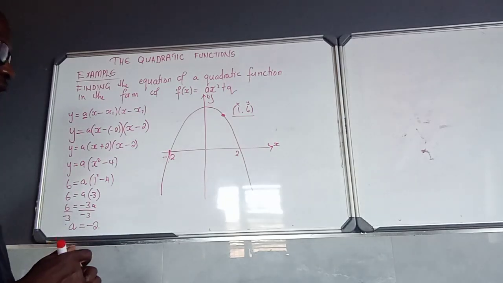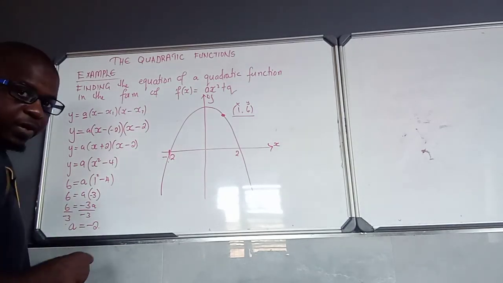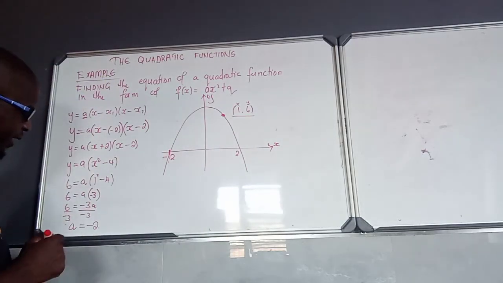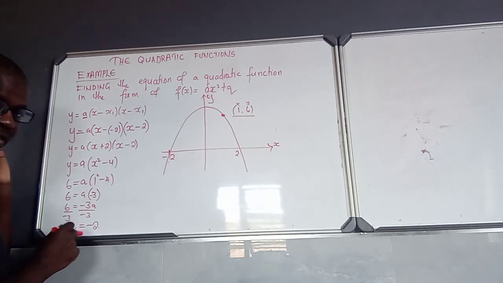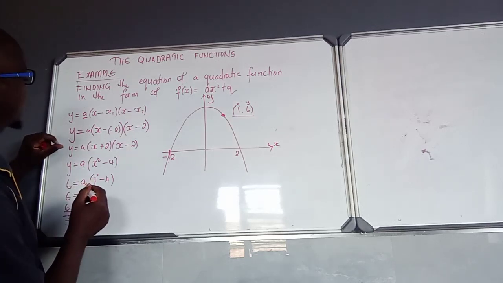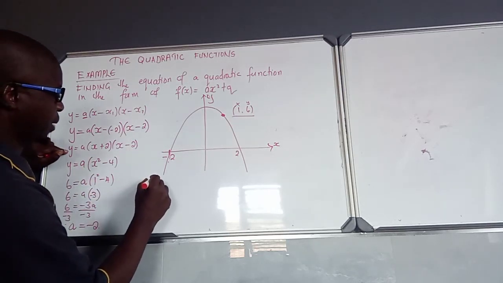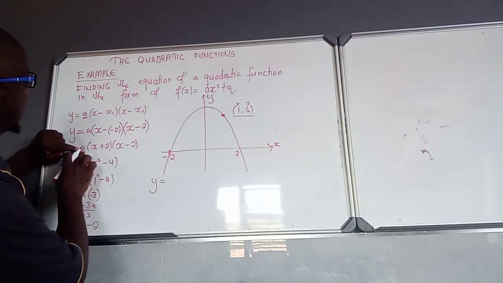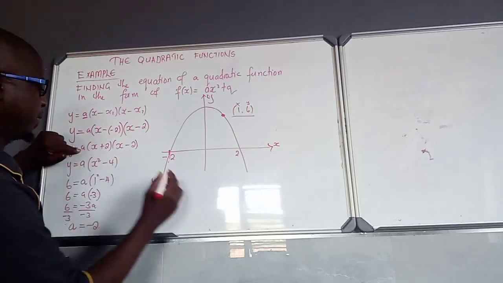So we now have what a is standing for. We now know that a is equal to 2. So we can further rearrange this by using our a in our equation, which now becomes y = 2(x + 2)(x - 2), in place of writing an a.